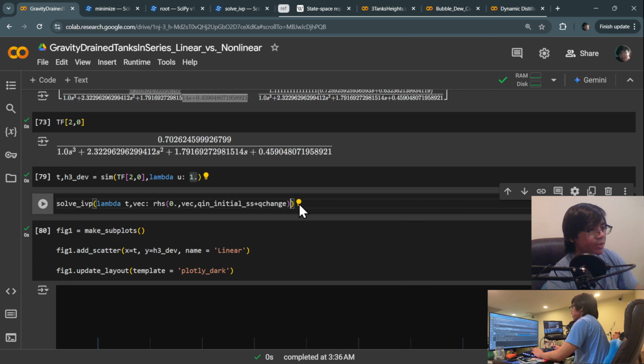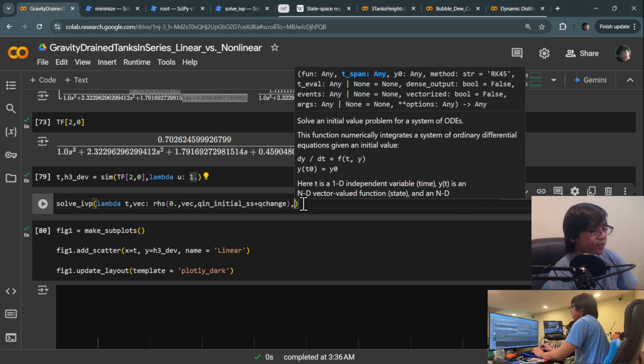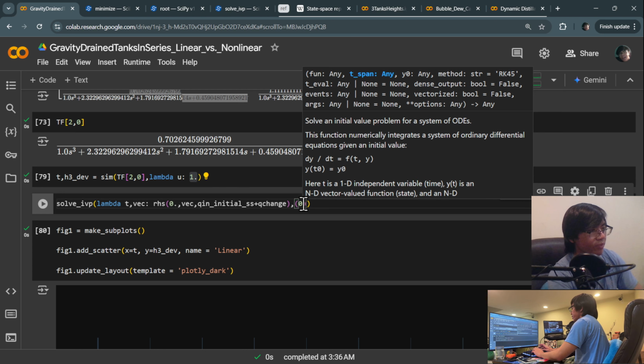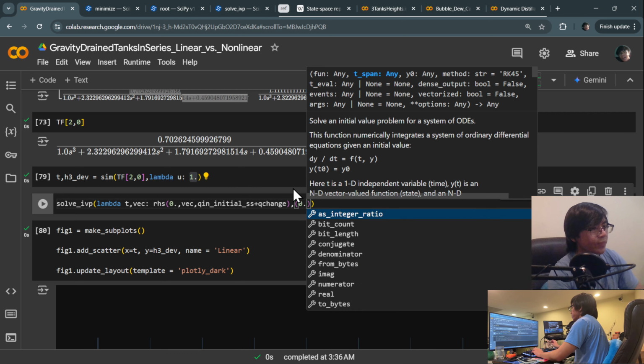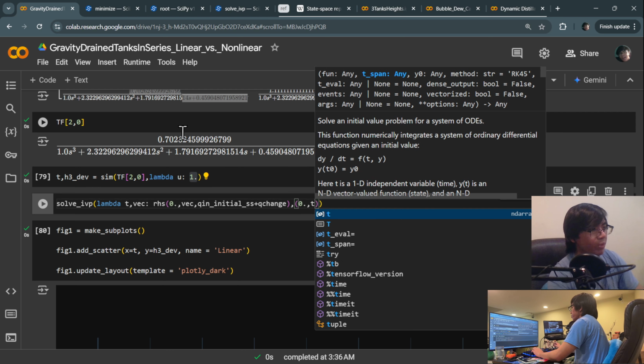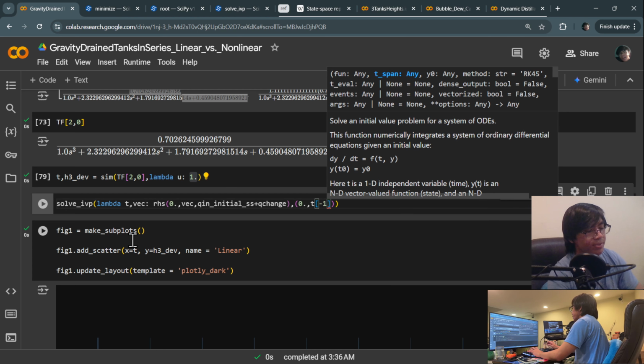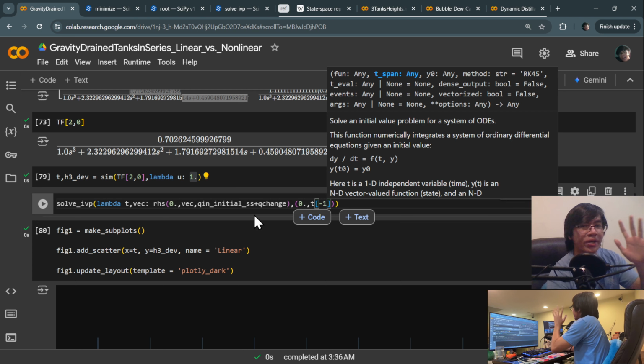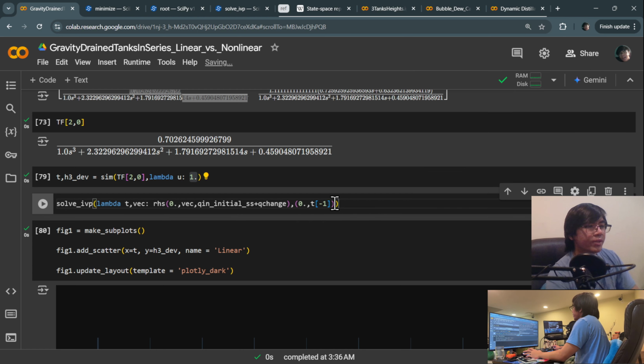Hopefully that works. We have a time range that we already have given from our simulation, so I just do 0 to that time. But remember this time is an array, so we have to index the very last time point, that last value in the array, since it goes from 0 all the way to that last value.